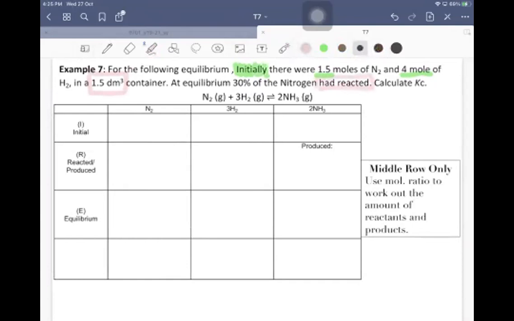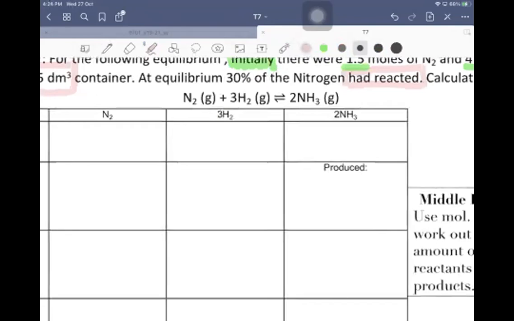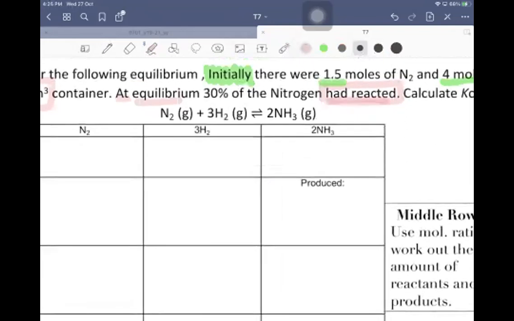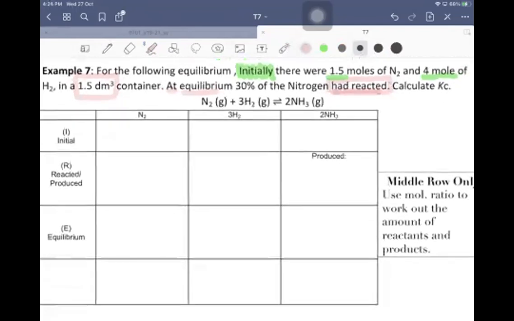Okay, this is the confusing bit because it says at equilibrium and then it says had reacted. What does that mean? Is it reacted or is it equilibrium? Okay, now let's fill in the other information that we know and are sure of first.